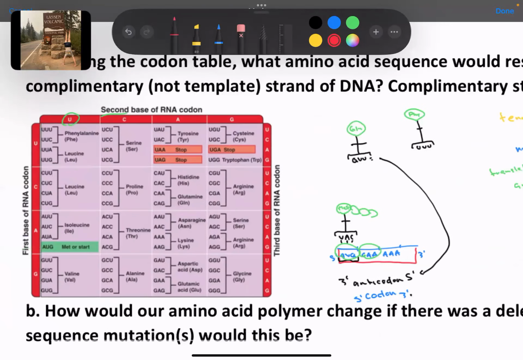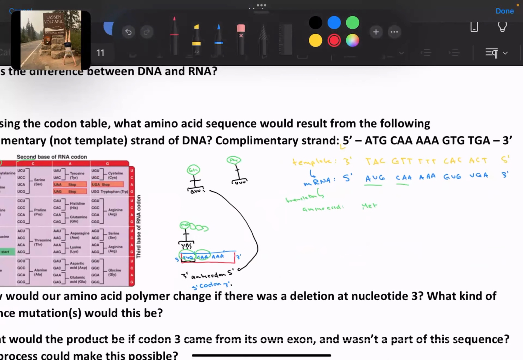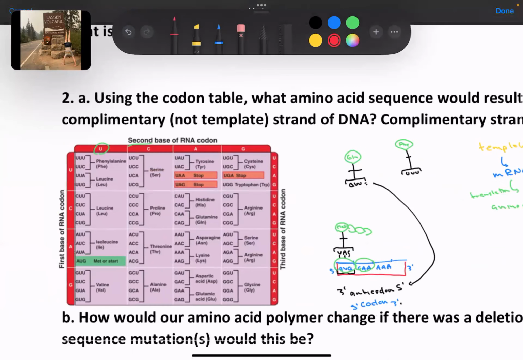We can look at our mRNA sequence, which we already found and described, and we can then look at a codon table and translate it. So AAA, we're going to have lysine. We had our methionine, glutamine, I think it was, yeah.